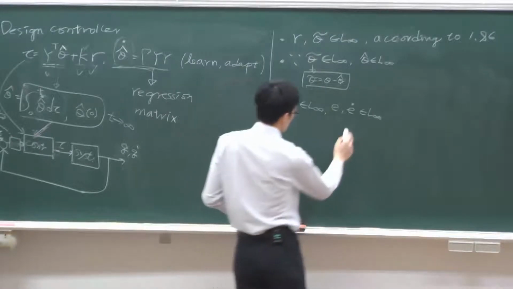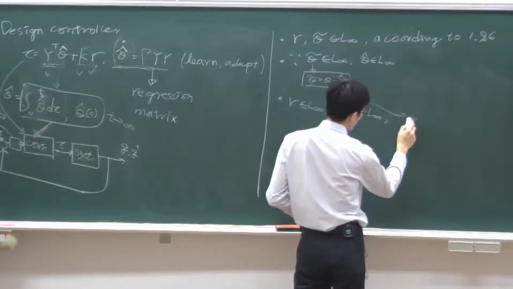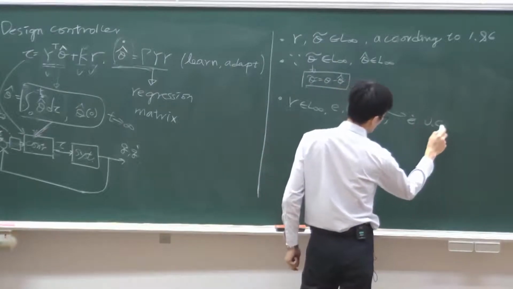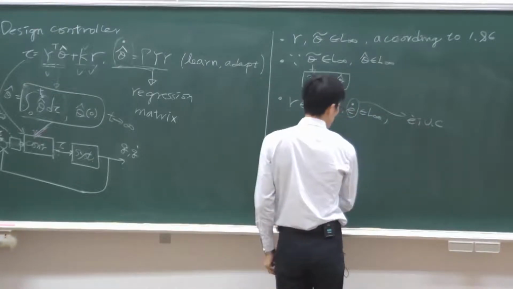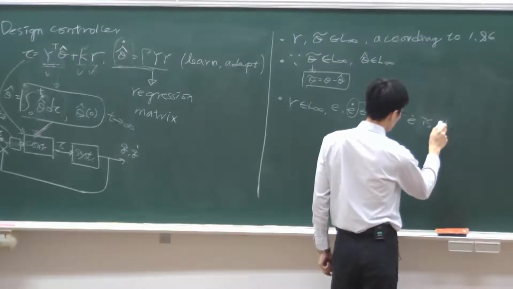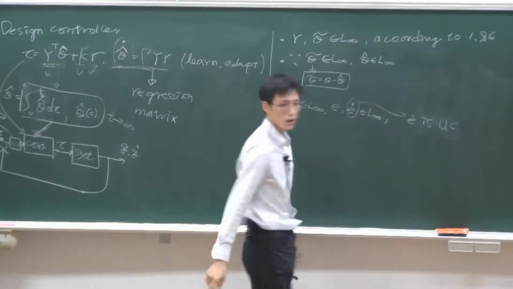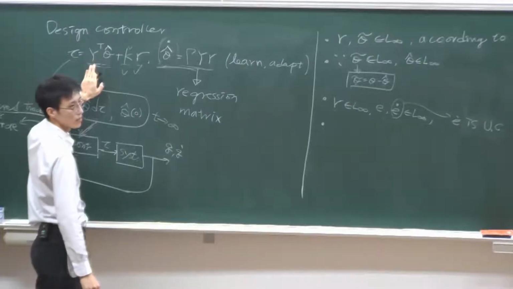So this means it is uniformly continuous. Now you can check: this is bounded, and this term you need to check.